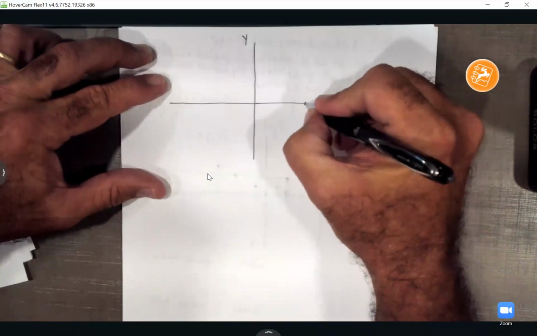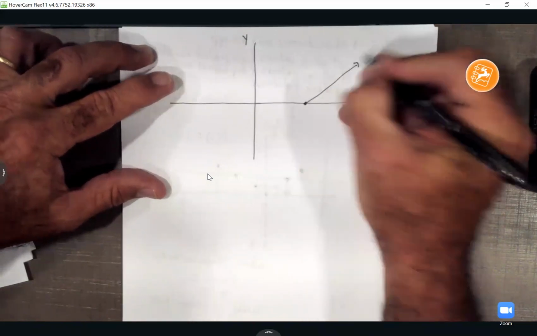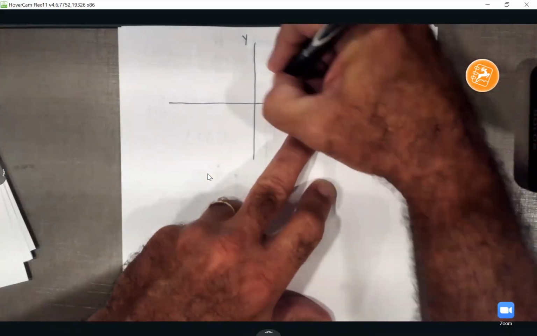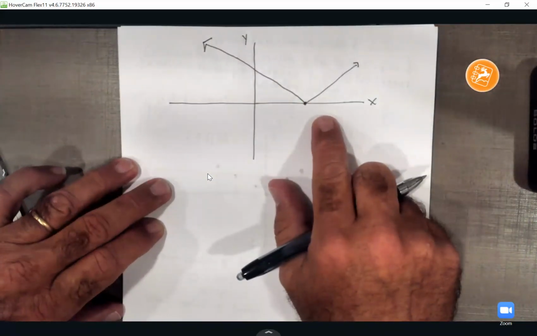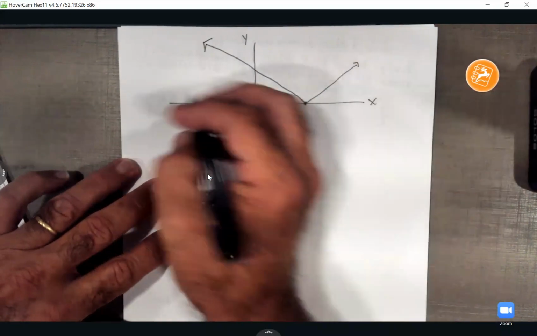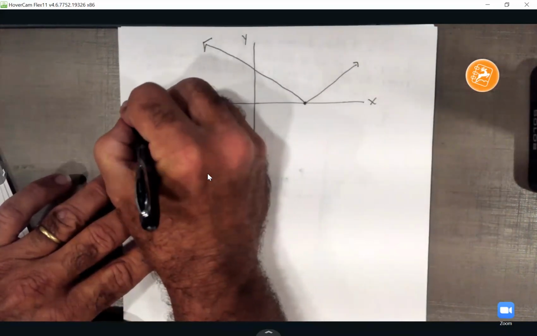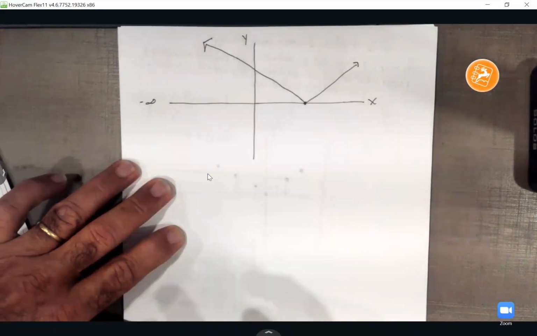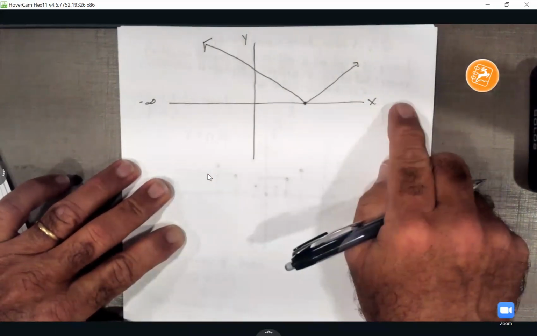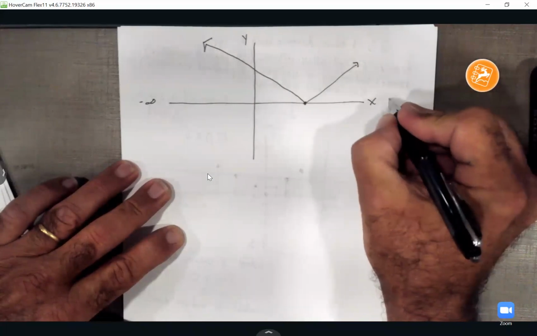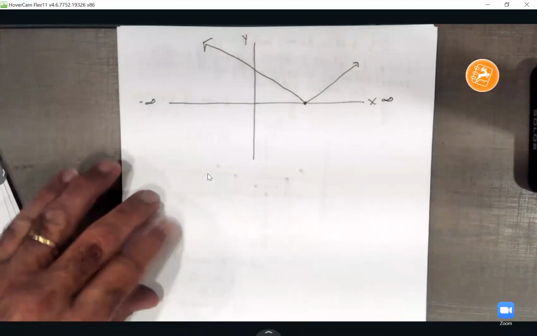When we're dealing with lines like this, on the x-axis, if you go left, it heads towards what we call negative infinity. If you head right on the x-axis, it heads towards positive infinity.